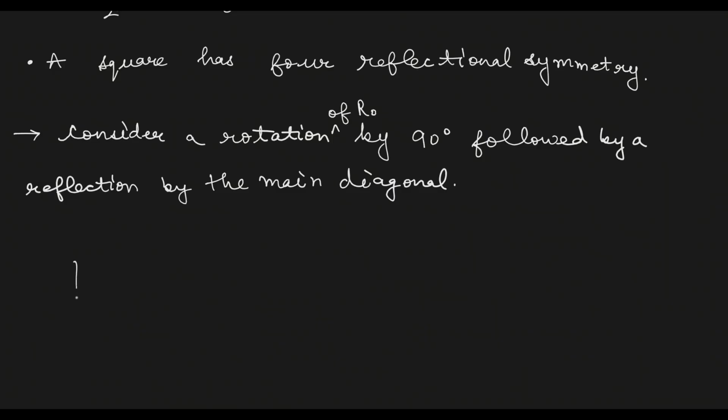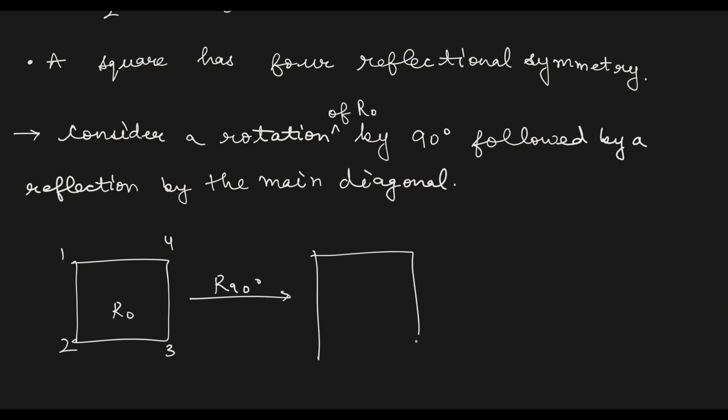So original figure is this 1, 2, 3, 4, R0. So R90, 1, 2, 3, 4. This is R90. Now by main diagonal.